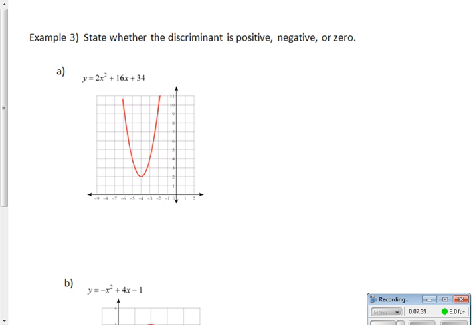In example 3, what they're having us do is state whether the discriminant is positive, negative, or 0. Remember, if it's positive, negative, or 0, it's going to dictate how many times it crosses the x-axis. In this case, in 3A here, we do not cross the x-axis. So if you were to actually work through the discriminant using this criteria, you would come up with a negative answer, because it does not cross it.